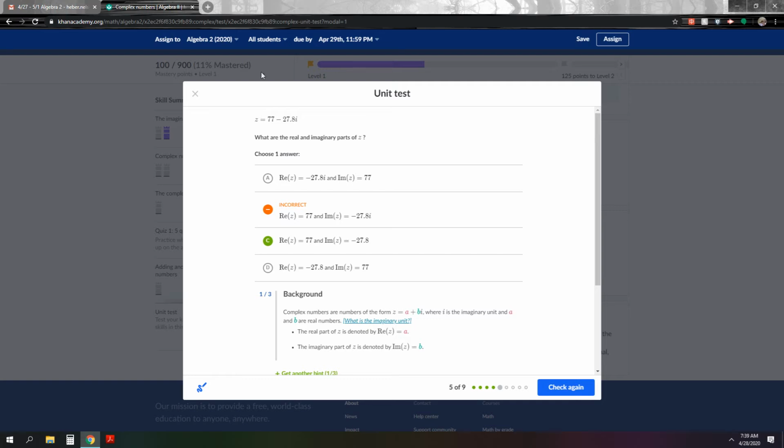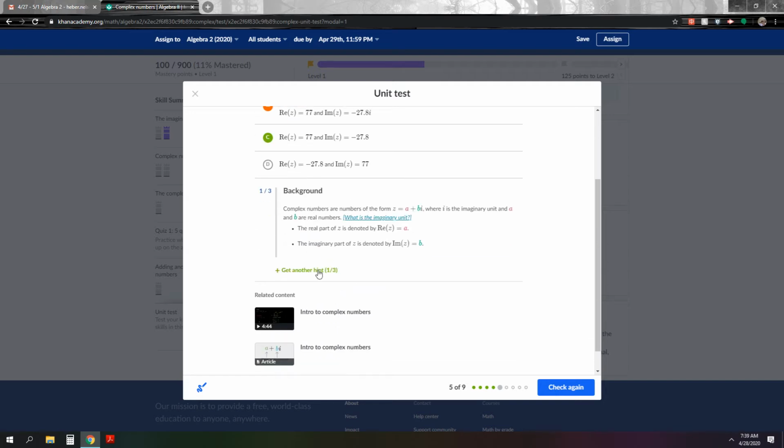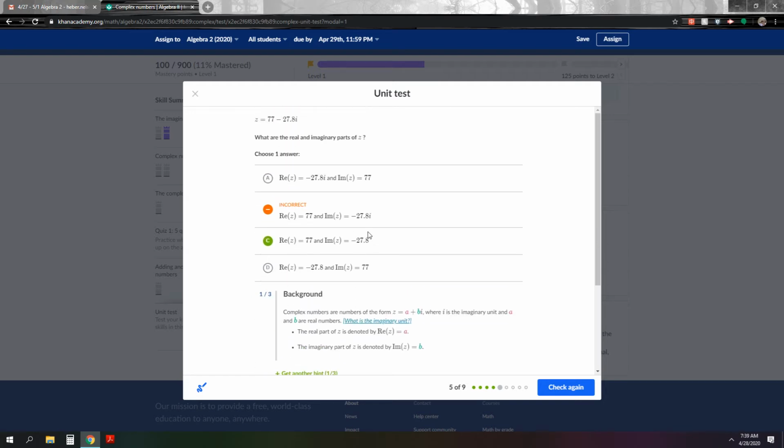If I had given you a test and I asked where the real and imaginary parts were, I wouldn't have cared if you left the i there. I'm not sure why they're distinguishing, because this is clearly the imaginary part with the i, so I'm not sure why they're removing the i. So just be aware that they mean the imaginary part is the part without the letter i.